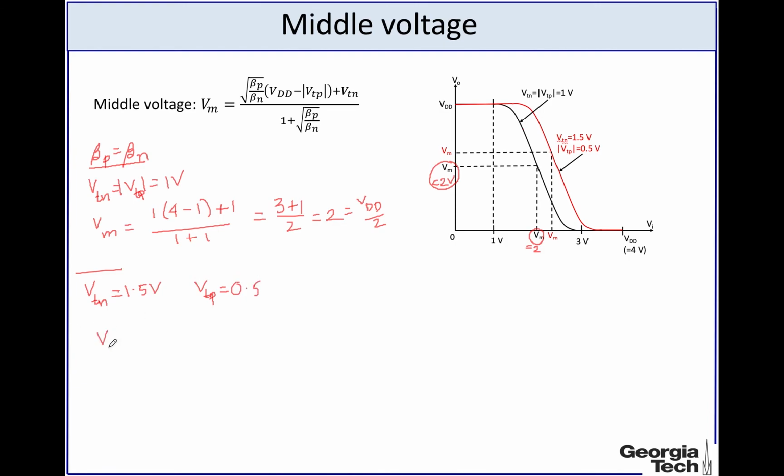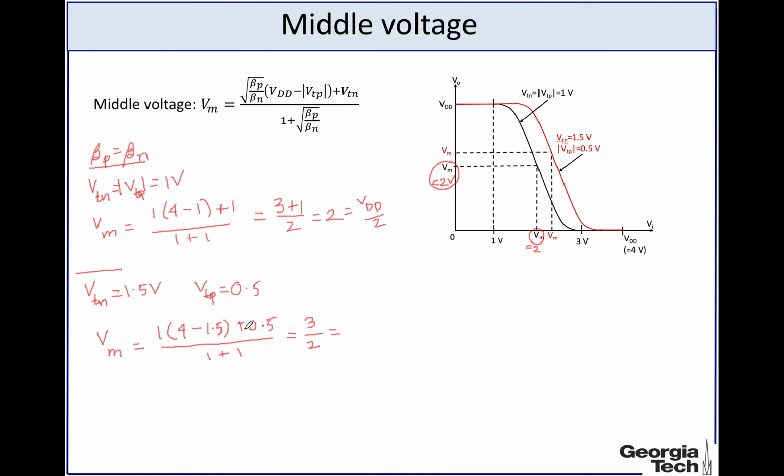In this case, what you can see is that this Vm becomes 4 minus 1.5 plus 0.5 over 1 plus 1, which is 2.5 plus 0.5 equals 3 volts over 2.